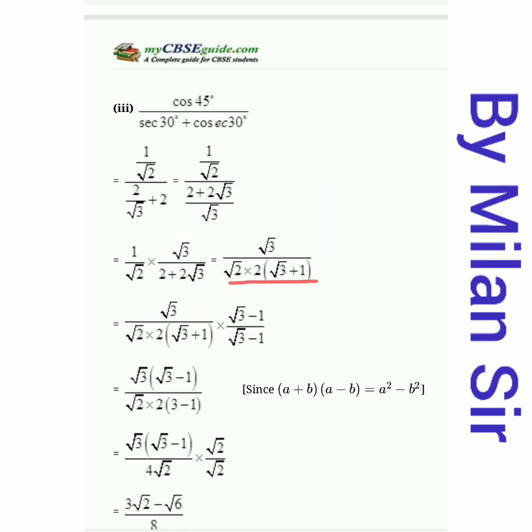Now rationalize the denominator. If we want to rationalize this √3 + 1, which has two terms, we need to take a different sign.